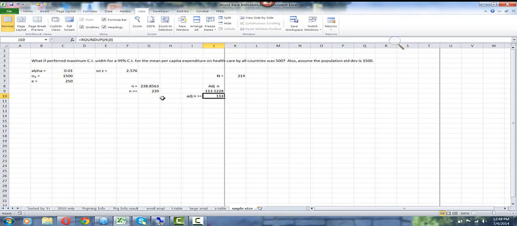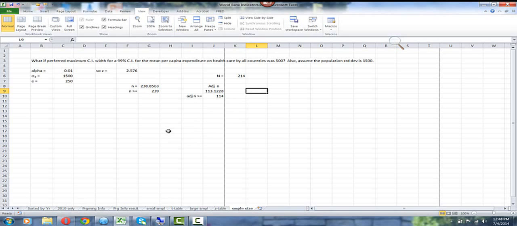Now notice here that this n even turned out to be greater than 214, because when we first calculated n, there was no indication of any restriction in terms of population size. So once we do this, we need to make that adjustment to factor in the population size.